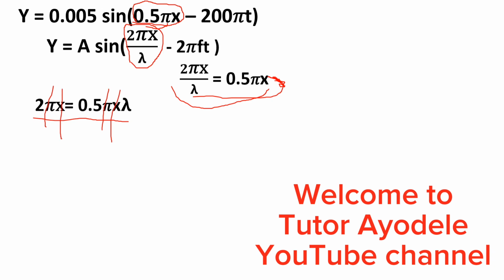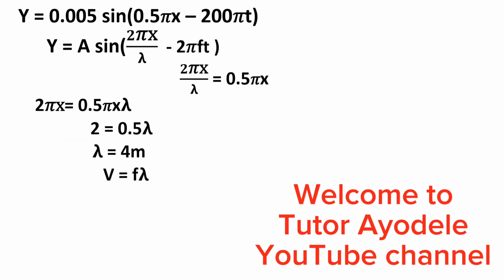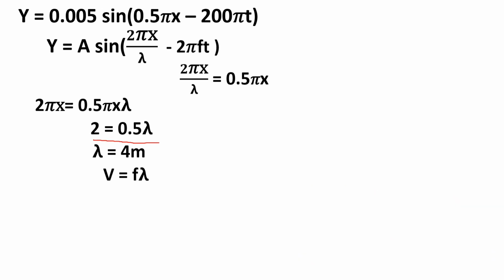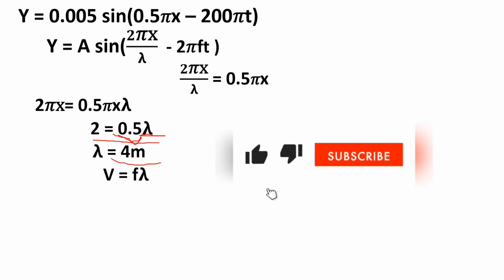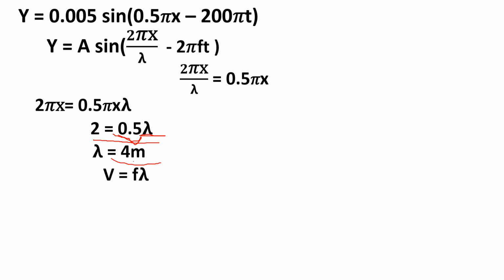So I'll be left with 2 equals 0.5 lambda, just as you can see it here. If I'm to make lambda, that is the wavelength, subject of the formula, I will divide both sides by 0.5. Therefore, lambda will give me 4, because 2 divided by 0.5 is 4. And the unit of lambda is meter, so that is 4 meters.